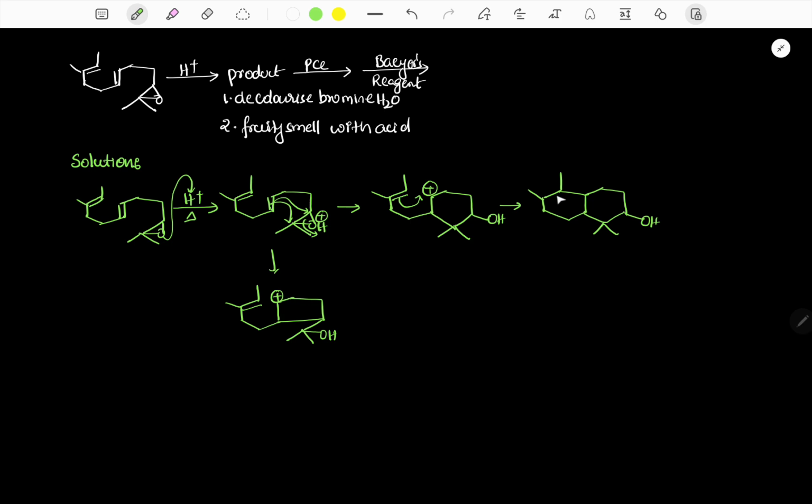Finally, we get the corresponding carbocation here. Now it undergoes elimination. Finally, we get the corresponding alkene. Stable alkene will form.